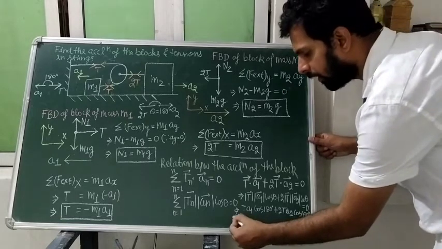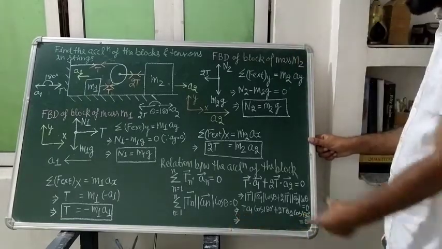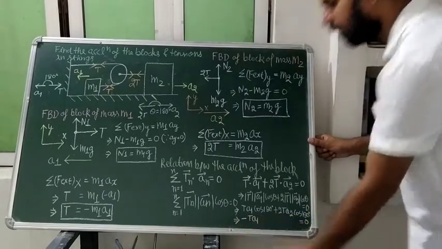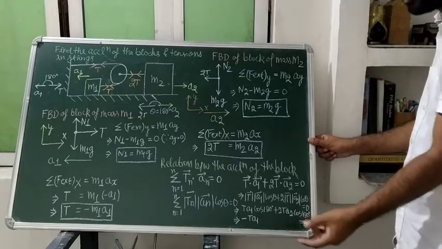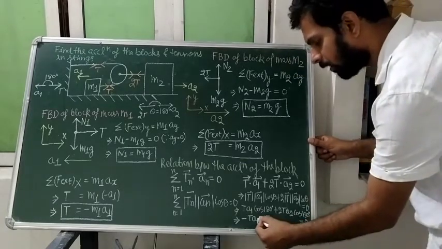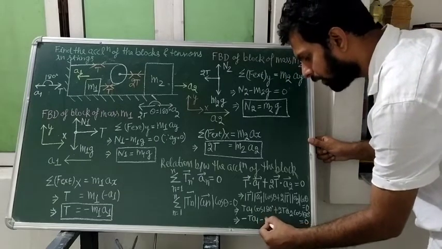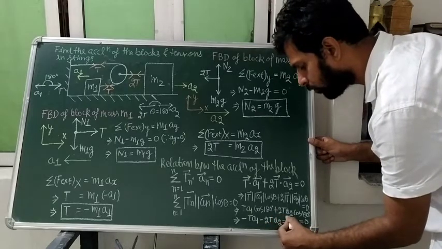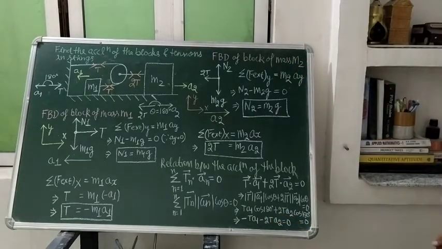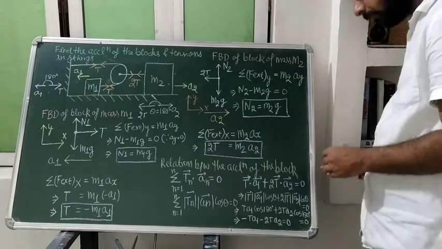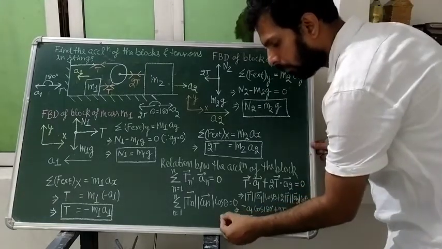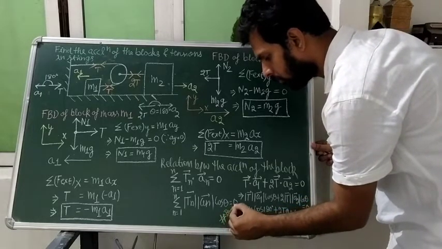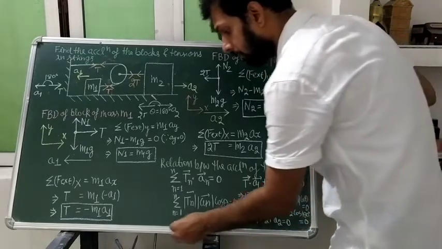Cos 180 is equal to minus 1, so it becomes minus T A1, and here also cos 180 is minus 1, minus twice T A2, should be equal to 0.